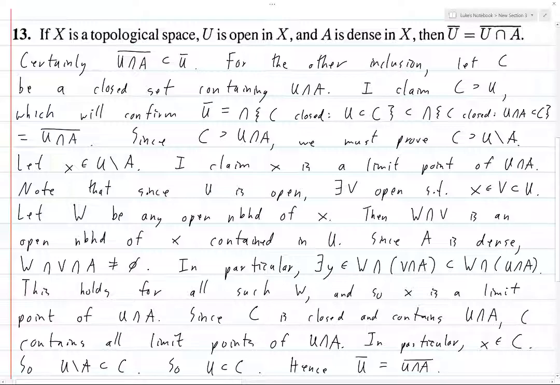If you take any x in U set minus A, you need this x to be a limit point of U intersect A. So what you really need is a bunch of points near x, which are in both U and in A. First of all, if U is not open, then you can't guarantee that there is an element of A which is in U, because that's part of the definition of denseness. Every open set contains an element of this dense set, so that's why you need that.